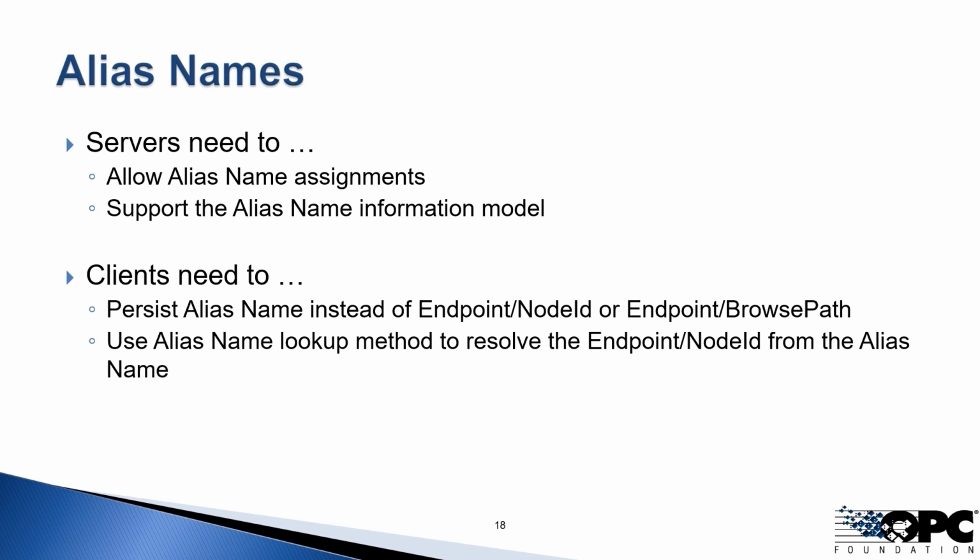These aren't something a vendor would use to assign names ahead of time. Typically their assignment is made by the end user, so the whole configuration of that would have to be supported. And of course you'd have to be able to support the tree that I showed in the previous slide with the alias names grouped appropriately so that other clients and the GDS could update themselves with those alias names.